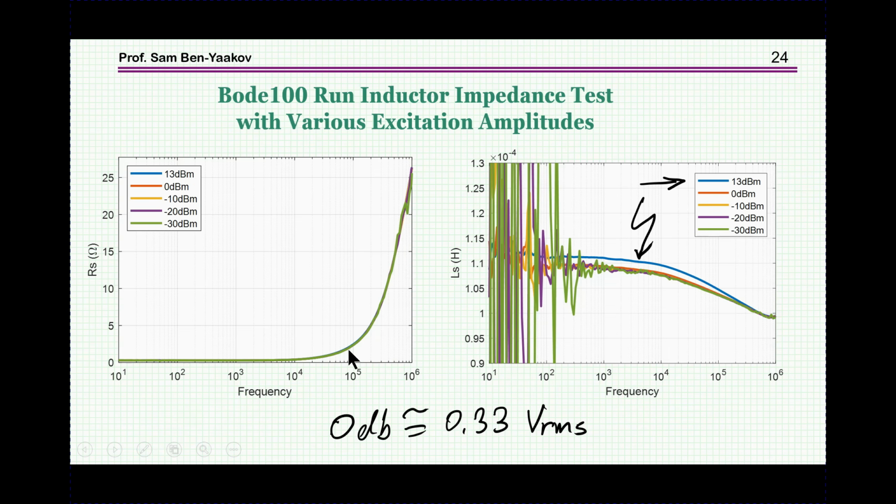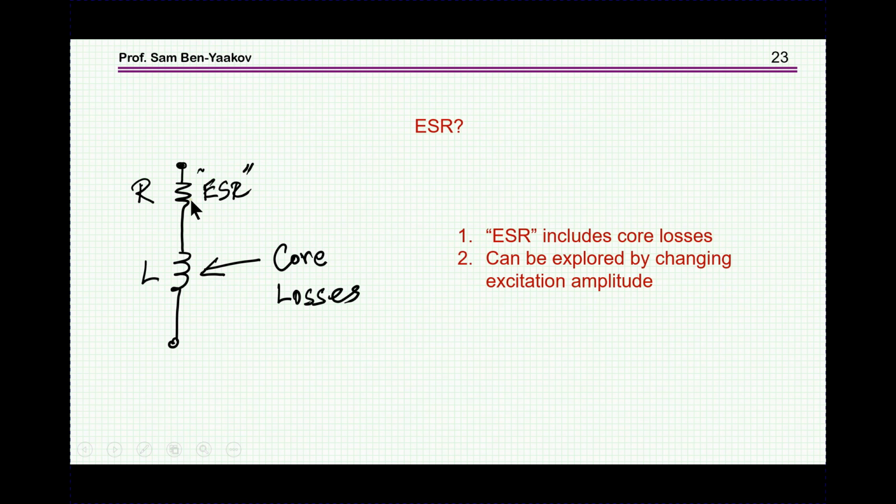And the rationale is that if the ESR here is dependent on core losses, or if a large part of it is dependent on core losses, then obviously as you increase the excitation, delta B will increase and you'll see a difference, okay? If you don't see a difference, it means that your excitation is low enough so the copper loss, the resistive part of the conduction part, is the dominant one.